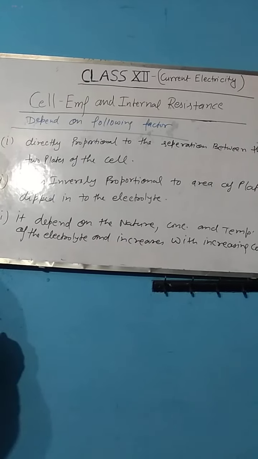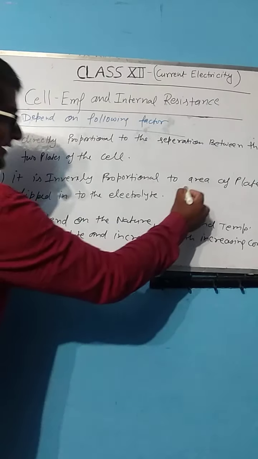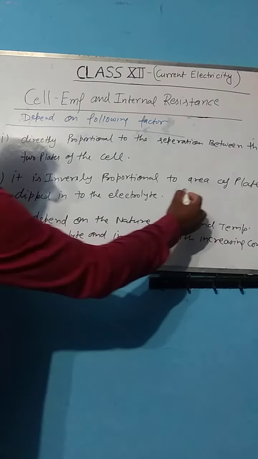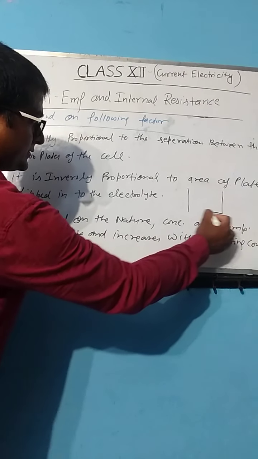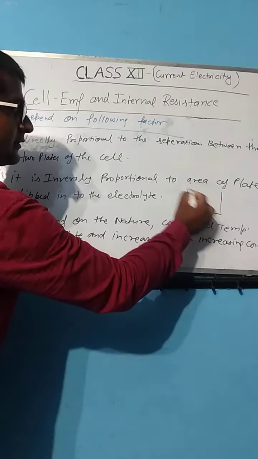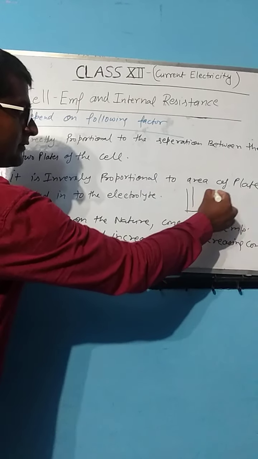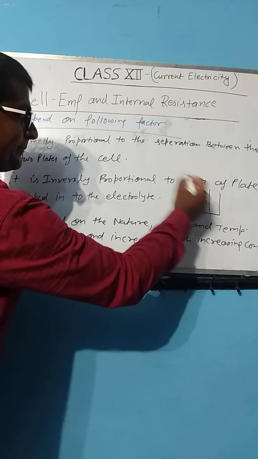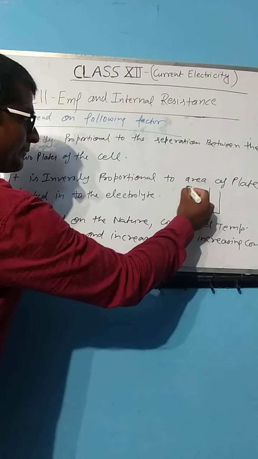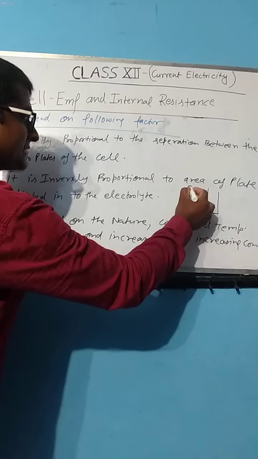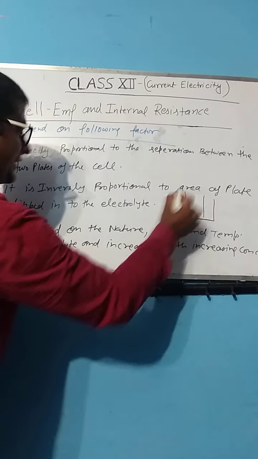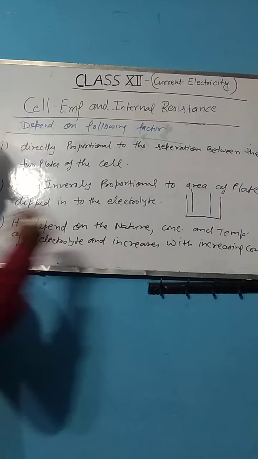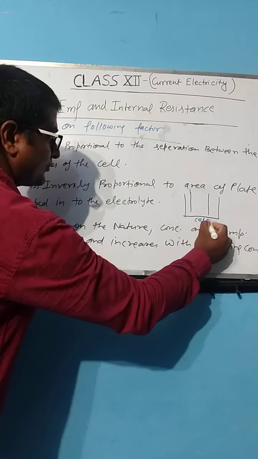So for the cell, these three things. You can also see in the lab, this is the zinc plate and one is the copper plate. So we have to draw the cell.